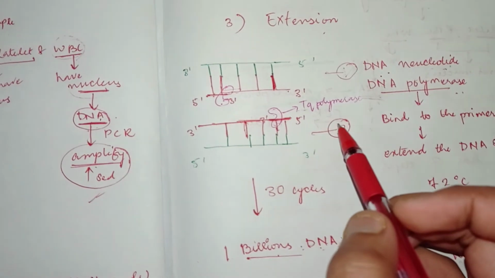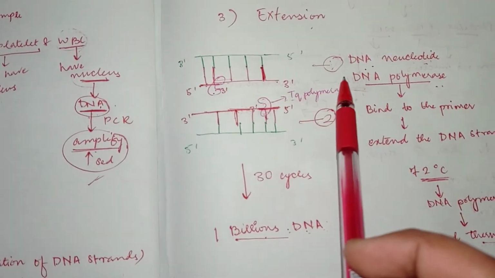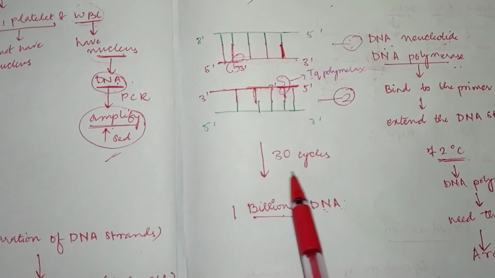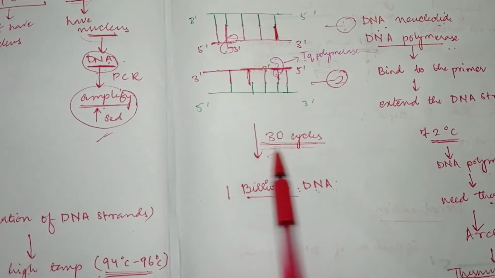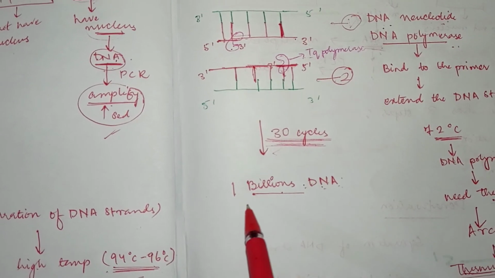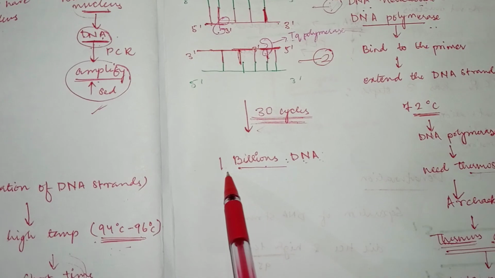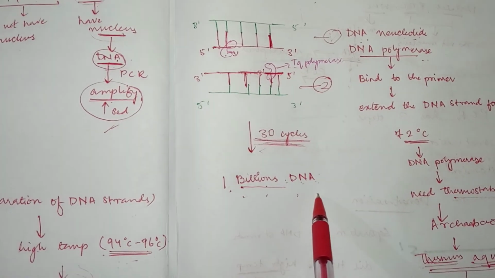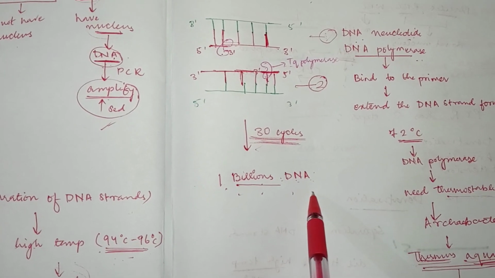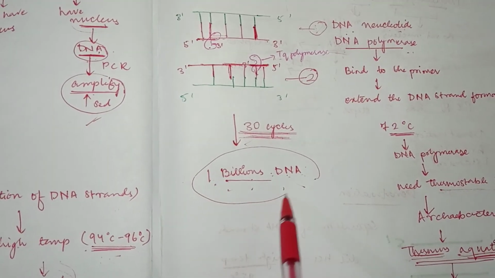And if this cycle is repeated 30 times, then from one double stranded DNA structure we are going to get approximately 1 billion double stranded DNA structures. So it seems easier for us to do our experiment work with the help of these billions of double stranded DNA structures.